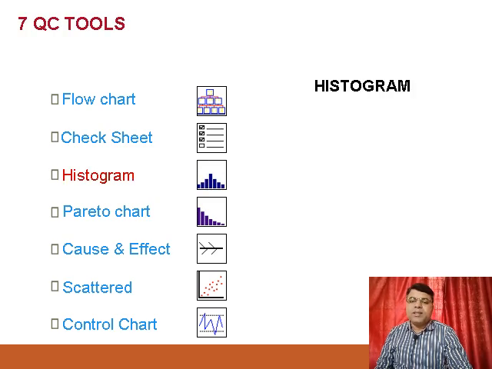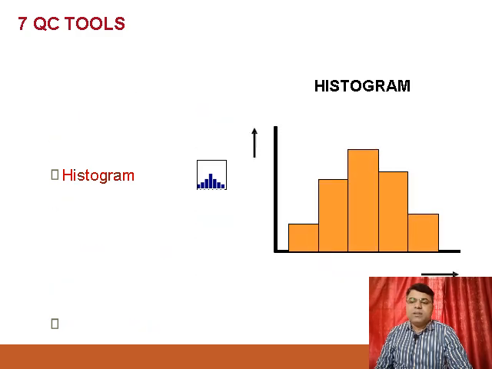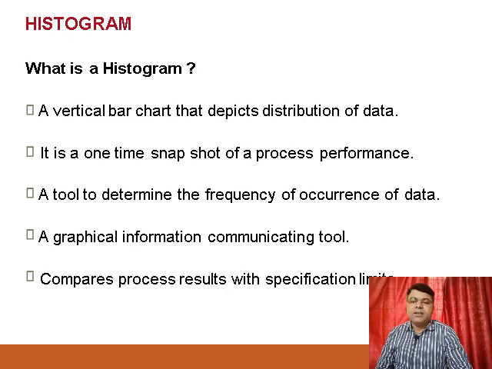So next is histogram. Histogram is nothing but a graphical representation of historical data in which we have a vertical bar chart that depicts the distribution of data. It is a one-time snapshot of process performance.